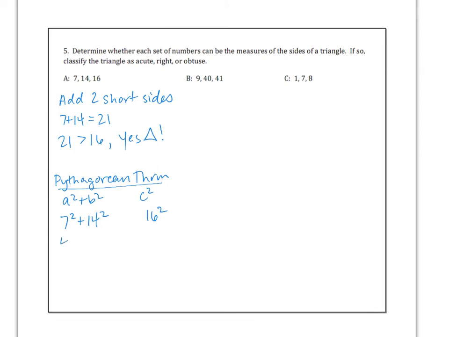Now simplify. 49 plus 196, and then on the other side, 16 squared is going to be 256. I have those memorized, but if you need to, just use your calculator and type in 16 squared. Add these together, you get 245. It is not equal to c squared, so it's not going to be a right triangle. In this case, the c squared is larger than the a squared plus b squared. If the c squared is larger, you will have an obtuse triangle.